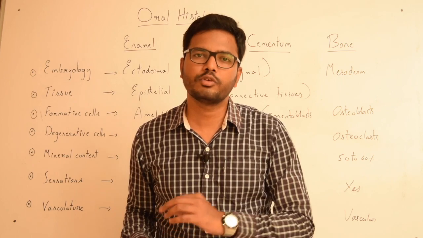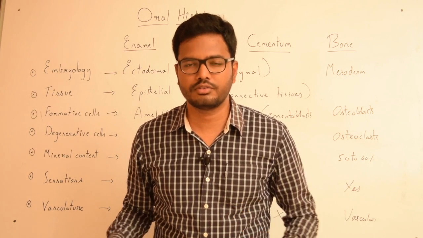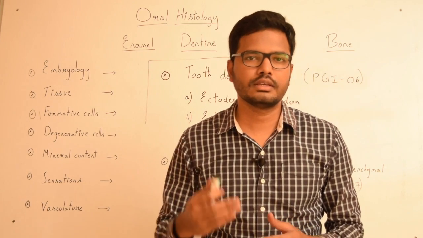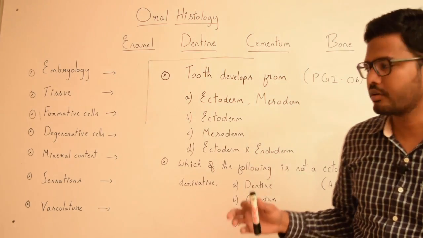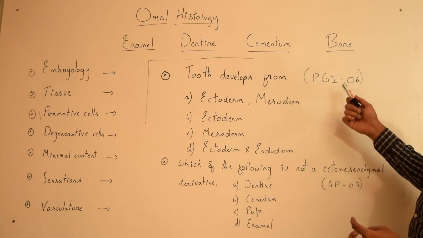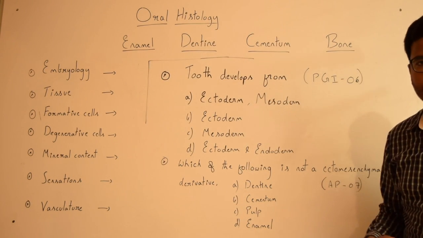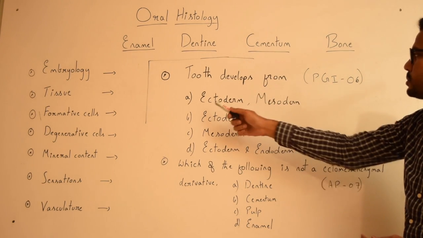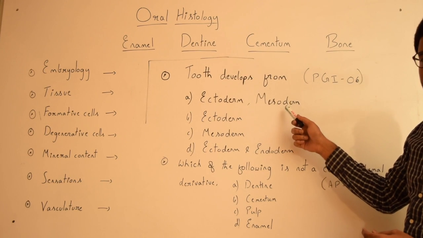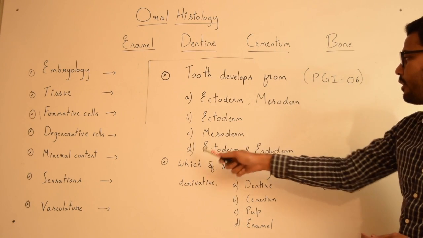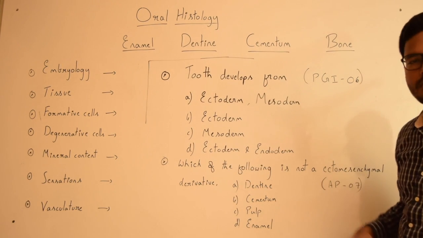And now let's see few multiple choice questions pertaining to this topic. So coming to the first one, it's actually asked in PGI 2006. The question is, tooth develops from option A, ectoderm, mesoderm, option B, ectoderm, option C, mesoderm, and option D, ectoderm and endoderm.